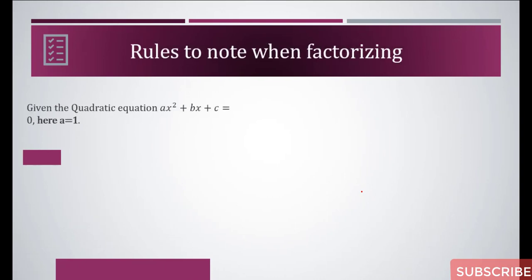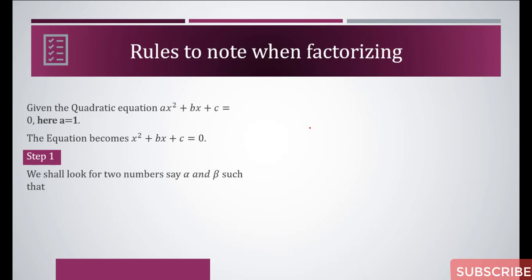Let's see the algorithm for solving this particular case. The first thing is we are given the quadratic equation ax squared plus bx plus c equals 0, and here we have to notice that a is equal to 1. So our quadratic equation will now be written in the form x squared plus bx plus c equals 0. What is the first step involved?